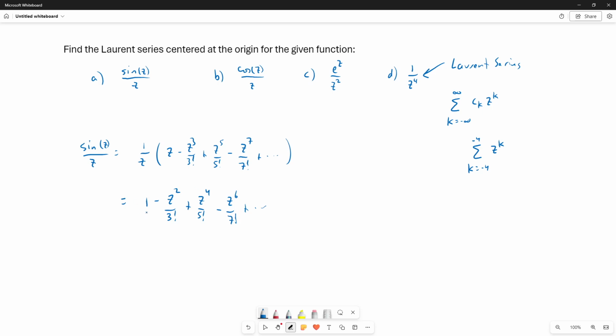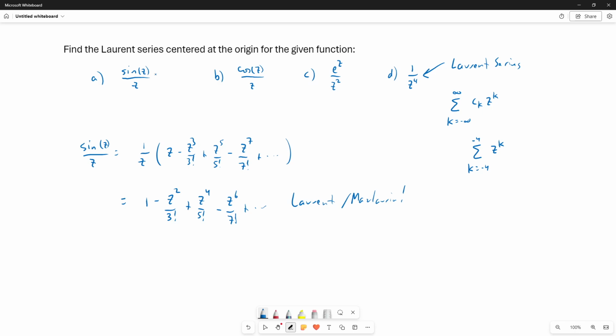And we notice that there are no negative powers of z here. The smallest power we have is z to the 0, so this is actually not only a Laurent series, but it's also a Maclaurin series.